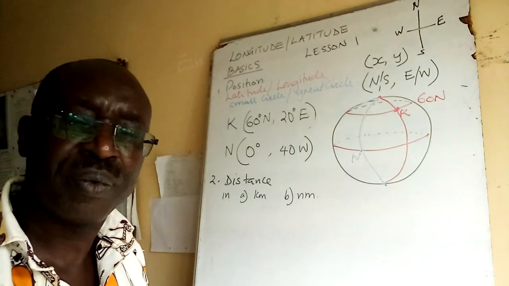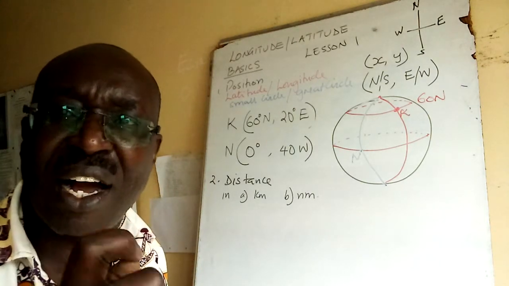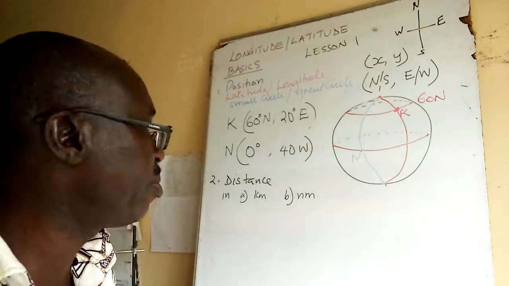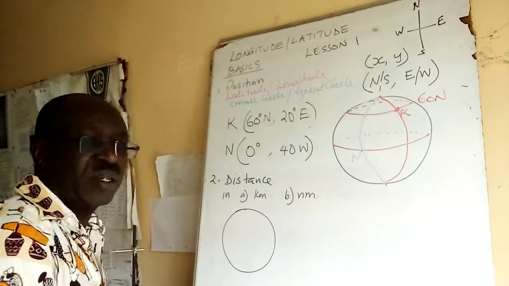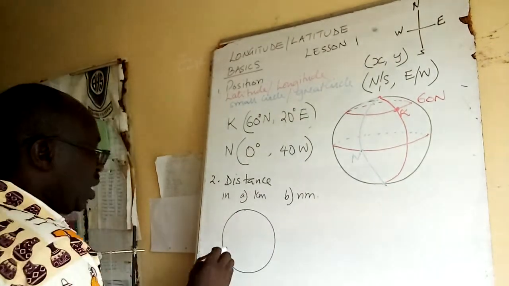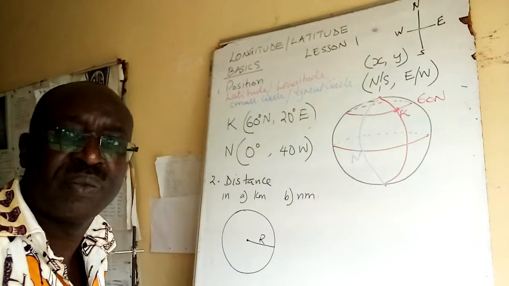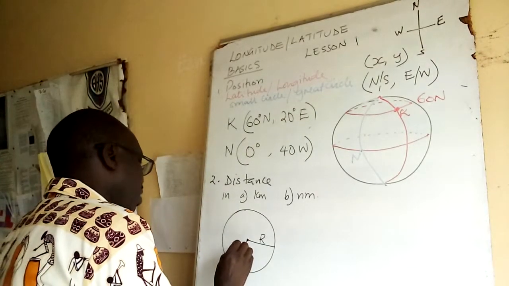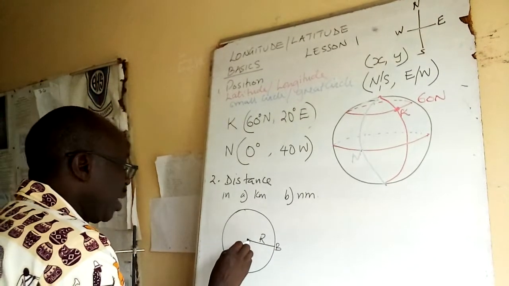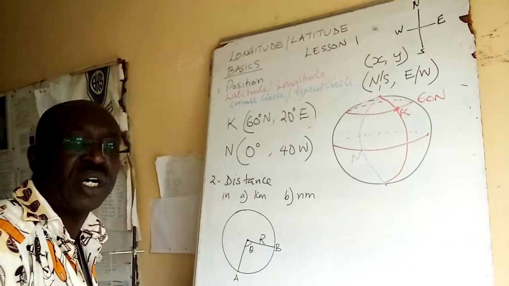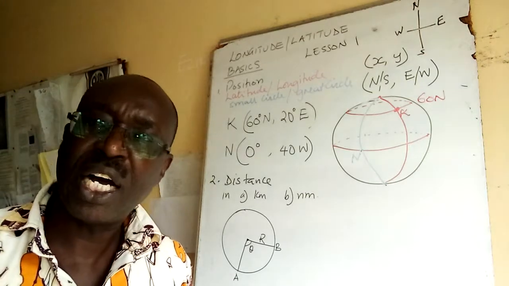Okay? Now, what I want you to understand, it borrows from circumference, what you learned even in primary. If I give you that is a circle, and that circle has radius r, and somebody moves from A to B, thereby subtending an angle theta.